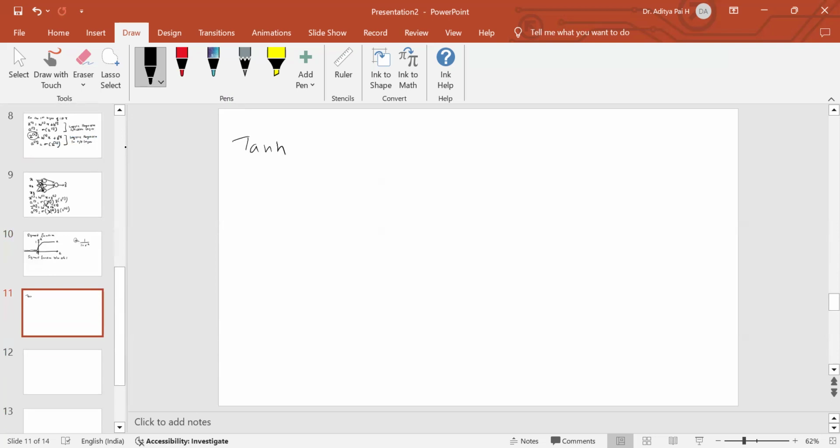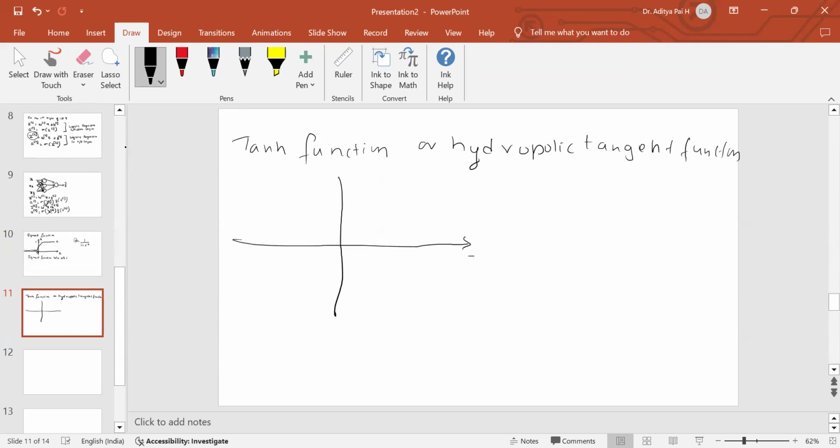This is another activation function, the hyperbolic tangent function, where z ranges from -1 to +1. This is somewhat a mathematically shifted version of the sigmoid.